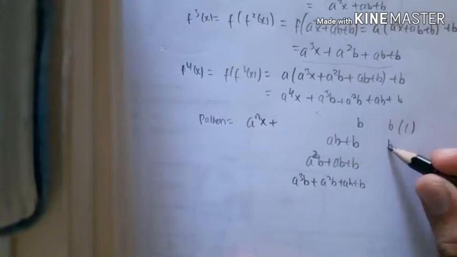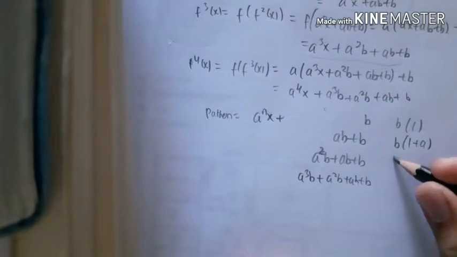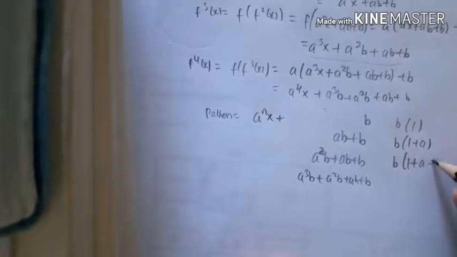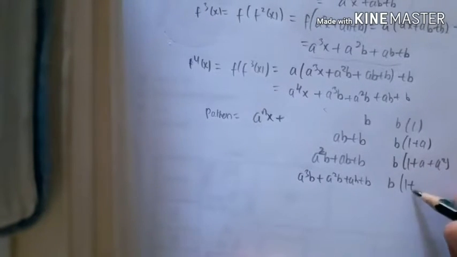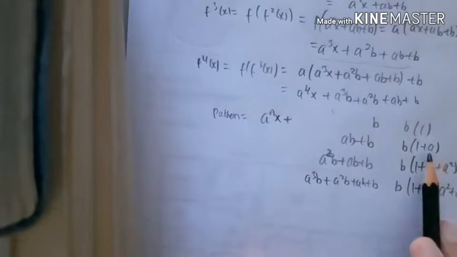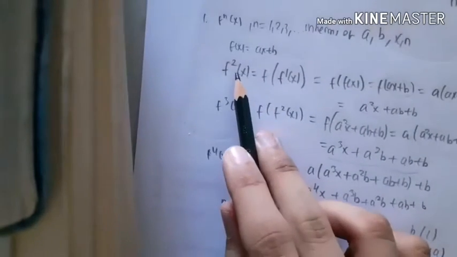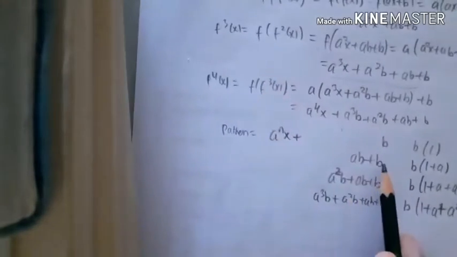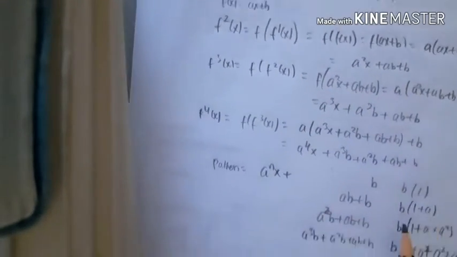Then in here we got b(1 + a), and here we got b(1 + a), and here we got b(1 + a + a squared + a third). And remember, this pattern comes with the increasing n. When n is 2, we got a squared x plus ab plus b.